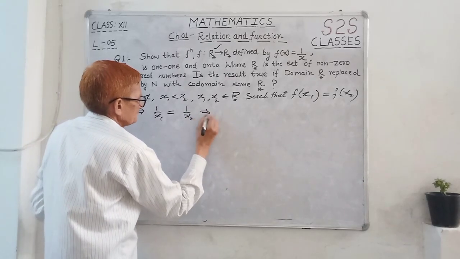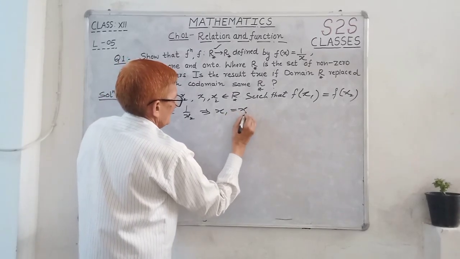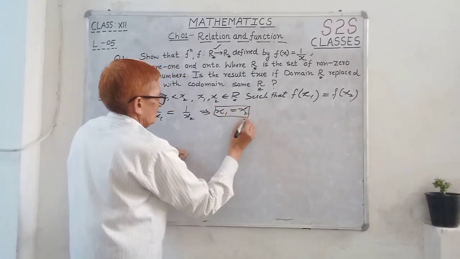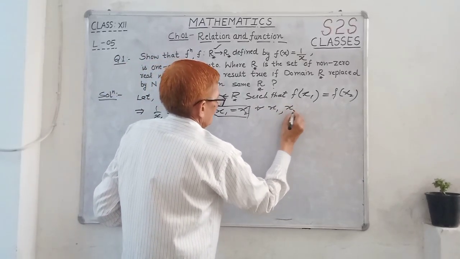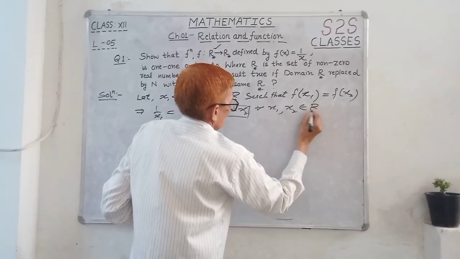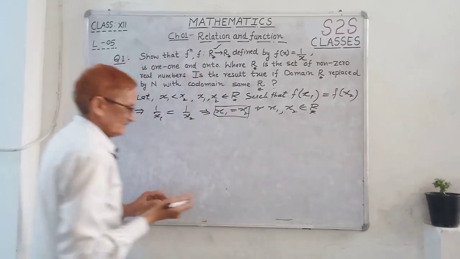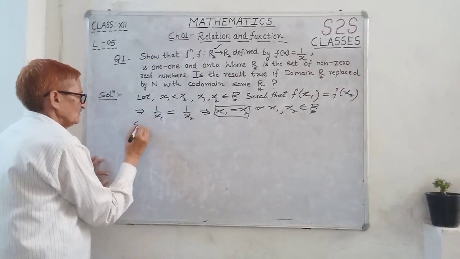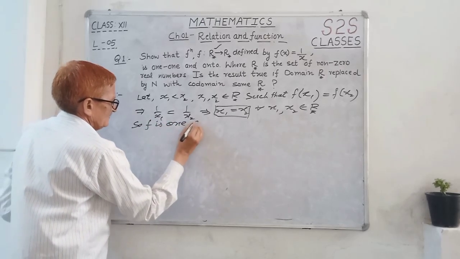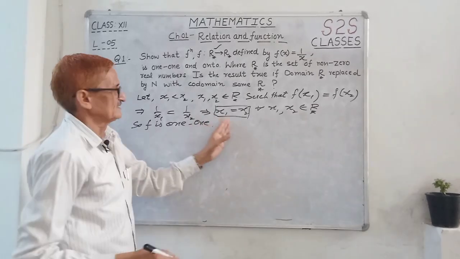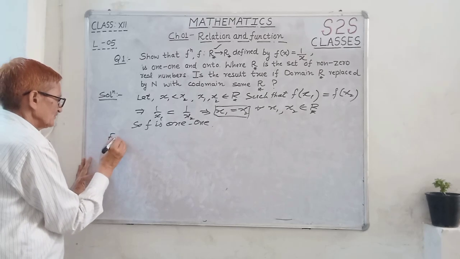This implies, cross multiply, x1 is equal to x2, for every x1, x2 belonging to non-zero real numbers. So f is one-one because the definition is proved here.